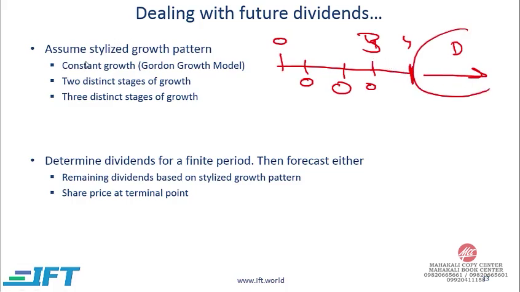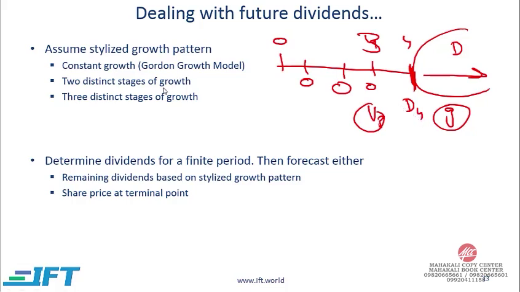One is to assume some stylized growth pattern. And the classic model to use is the Gordon growth model, which you've seen at level 1 also. With the Gordon growth model, we'll assume a certain dividend, D4, and then we will assume that this grows at a constant rate, G, based on which you can use the Gordon growth model and come up with a value 1 period before D4.